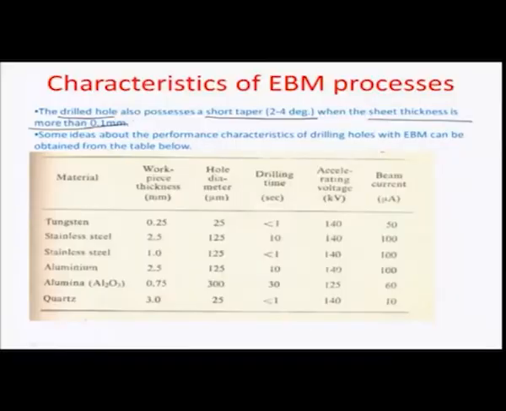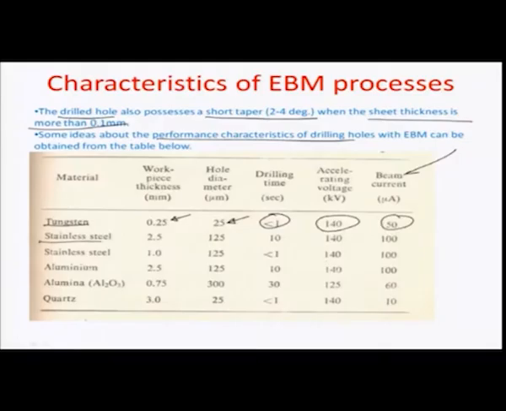So some ideas about the performance characteristics of these drilled holes can be obtained from this table here. For example, if the material that you are machining is a tungsten workpiece, the sheet thickness may be about, let us say, 250 microns, and a hole diameter of 25 microns needs to be created. So typical parameters of operation include a drilling time of less than about 1 second, an accelerating voltage of 140 kilovolts, and a beam current of 50 microamperes.